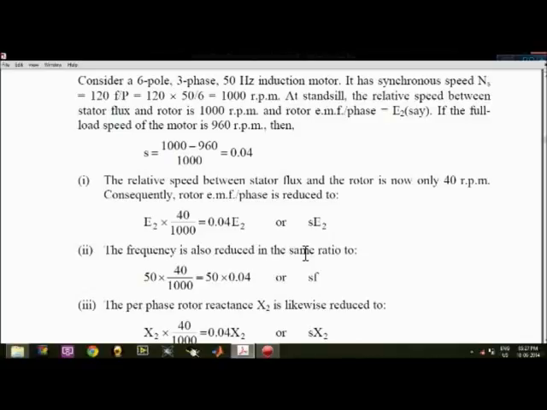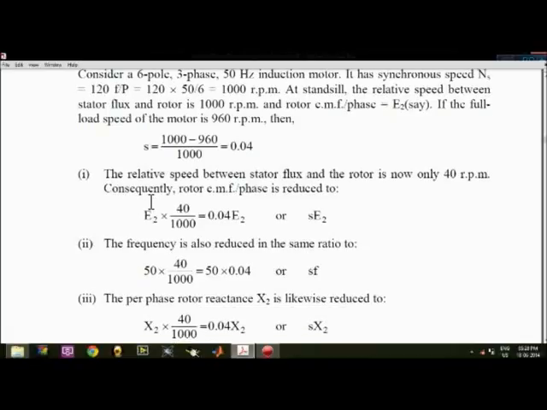So if we calculate the rotor EMF per phase, we get E2 into 40 by 1000, that is 0.04 of E2. Or you can directly write that the rotor EMF per phase is slip times E2, that is S times E2.